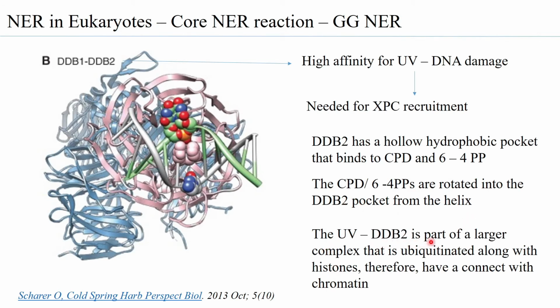And this UV-DDB2 is also understood to be a part of a larger complex that is ubiquitinated along with histones. So one other thing that has been understood is that DDB2 does play a role in chromatin remodeling, making the region which has the UV DNA damage more accessible to the NER molecules. So that is an extremely important find about the DDB2 protein.